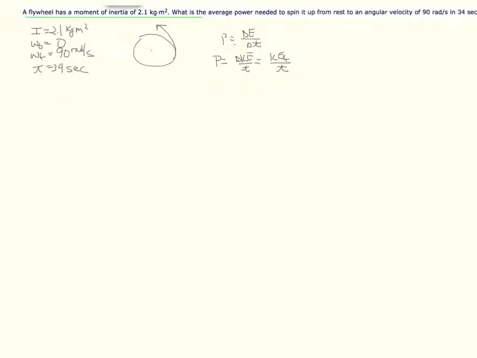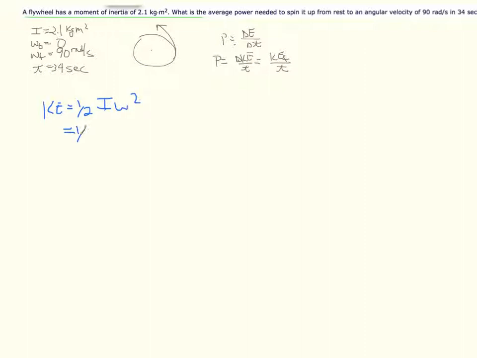we can start by saying, what will be the kinetic energy once this thing is rotating at its full speed? So kinetic energy is equal to 1/2 I omega squared, right?